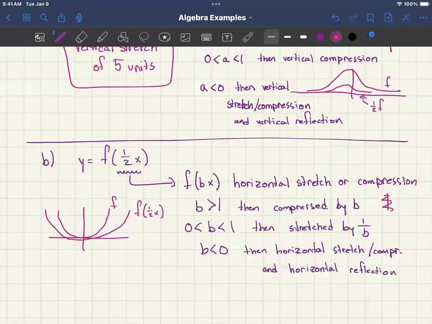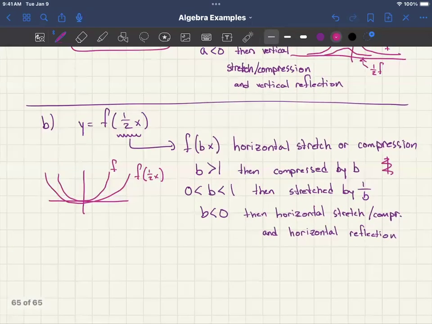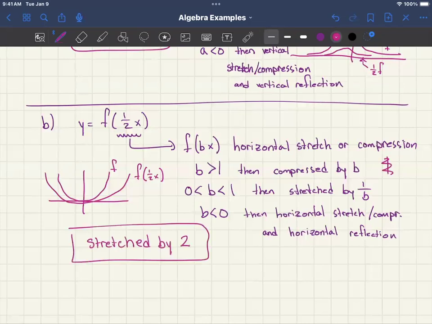So it's stretched out a little bit more. Compression would give it closer to the y-axis. So in this case, our function is stretched by 1 over 1/2, or stretched by 2 is another way of saying that.